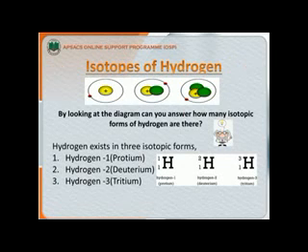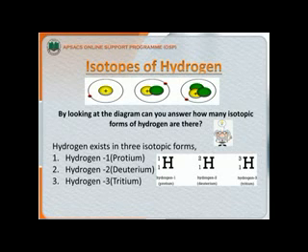Isotopes of hydrogen. Dear students, here I have shown a diagram in which you can see 3 different atoms. By looking at the diagram, can you answer how many isotopic forms of hydrogen are there? Yes, 3.